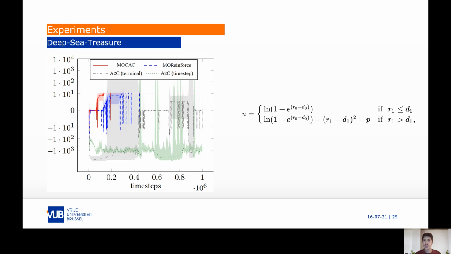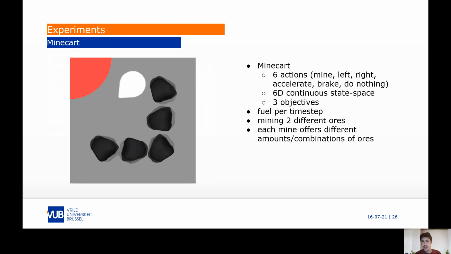Another experiment we then did is on a high-dimensional environment, which is called Minecarts. You have a set of mines that have different ores, and the goal of the agent is to go mine some ores and go back to the base to sell these ores.